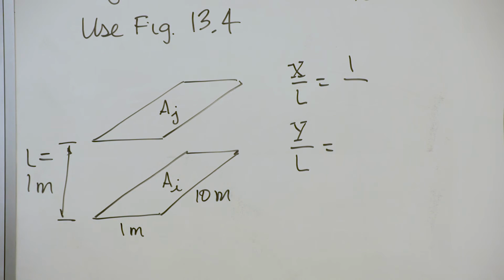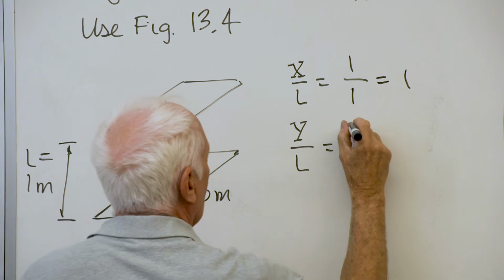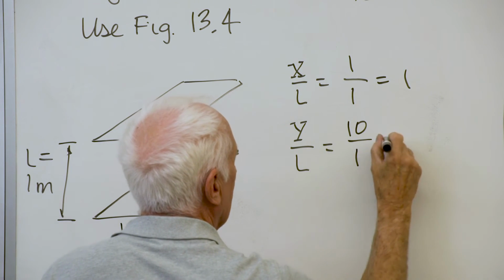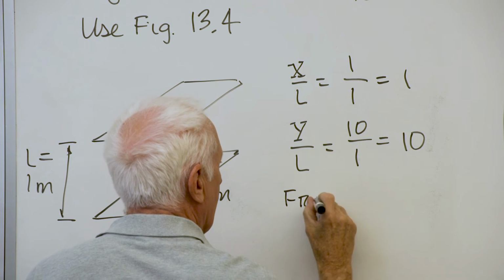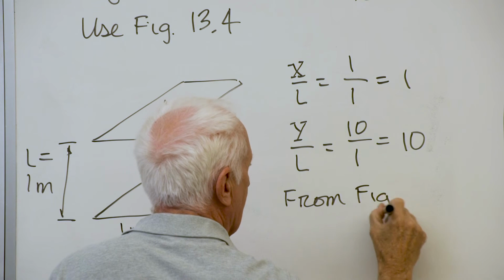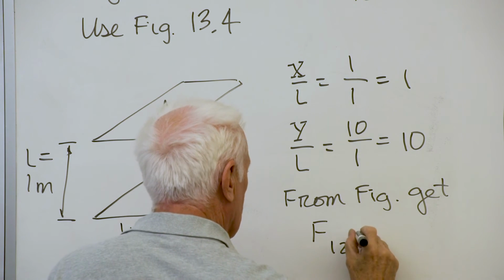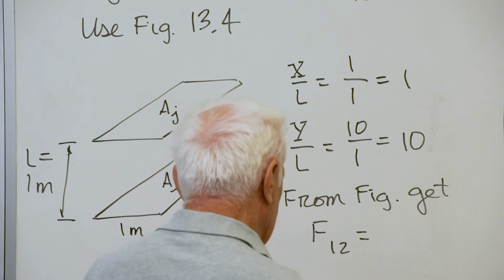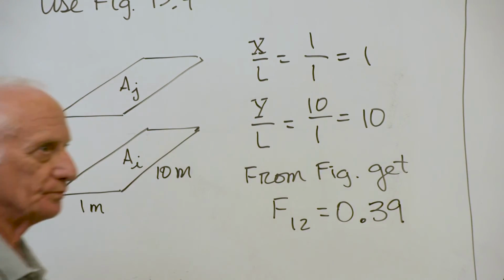L's a spacing, plate spacing. L's 1 meter. Y is 10. L is 1. From the figure, get F12, 0.39. Got it.